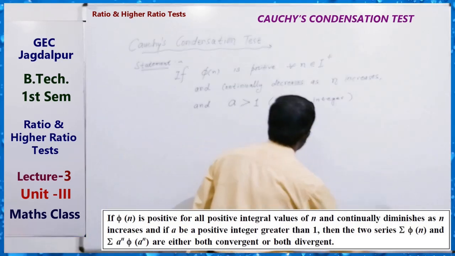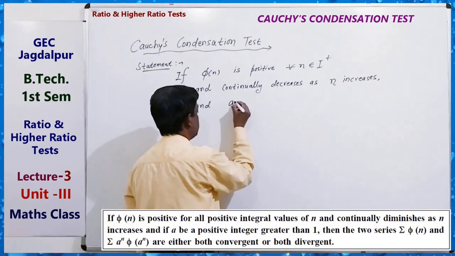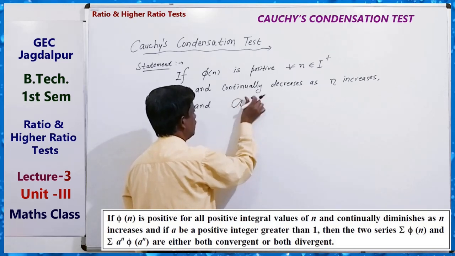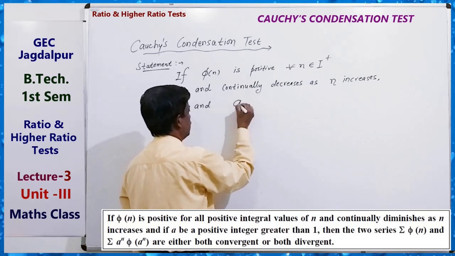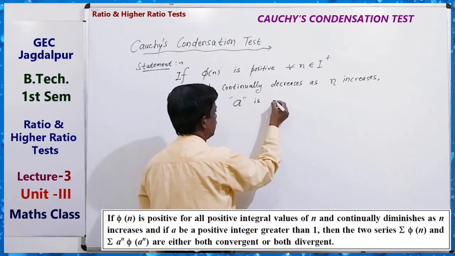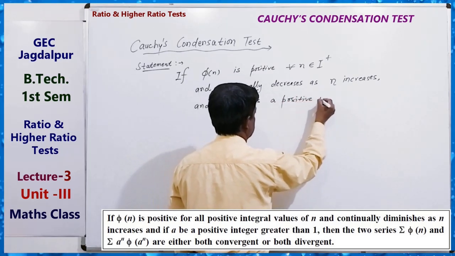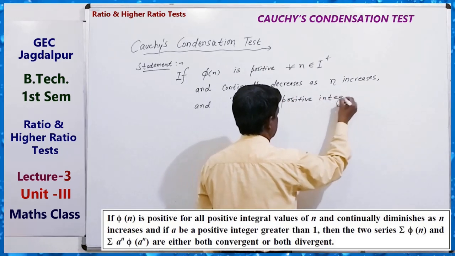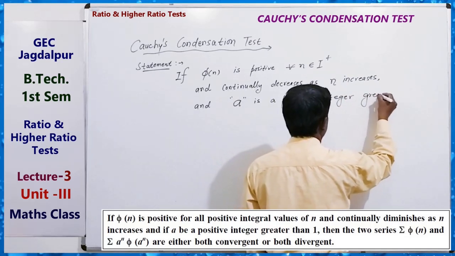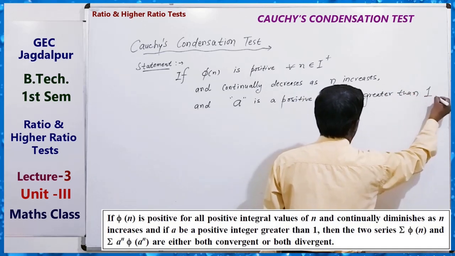You can also write it in this format: a is a positive integer greater than 1.